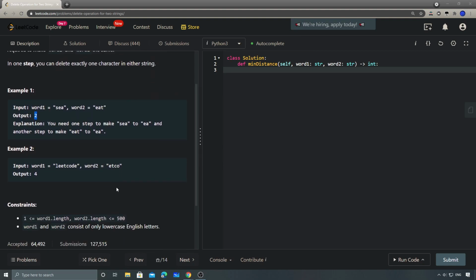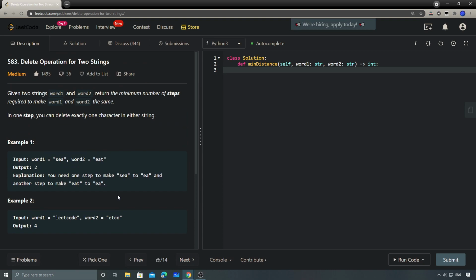And yeah, we have some constraints here. The constraint actually is not that big, but still. If we only want to do this by trying to delete the letters, that will be very hard because we don't know which letter we want to delete.